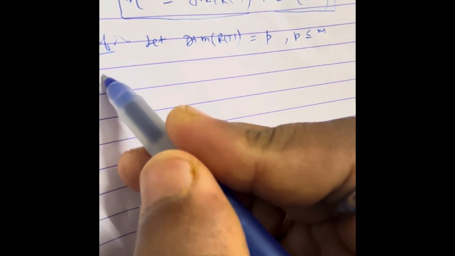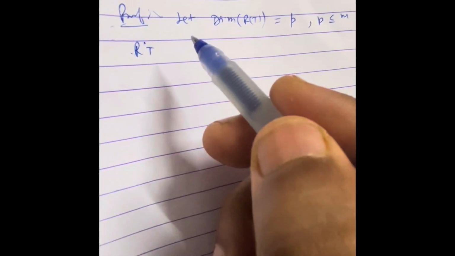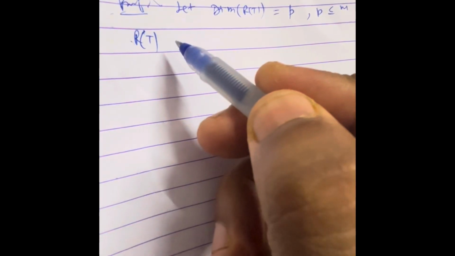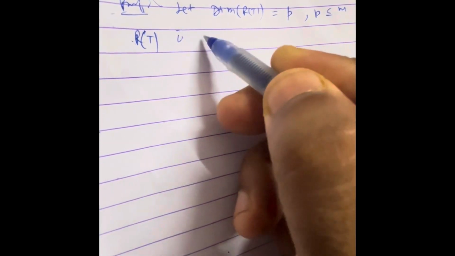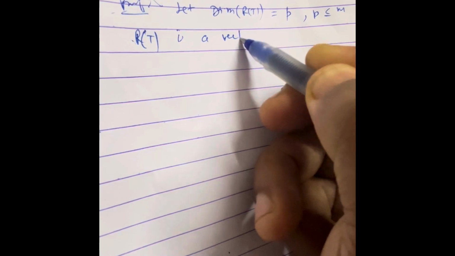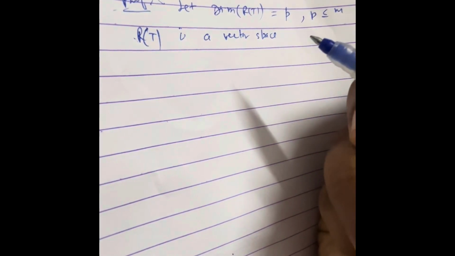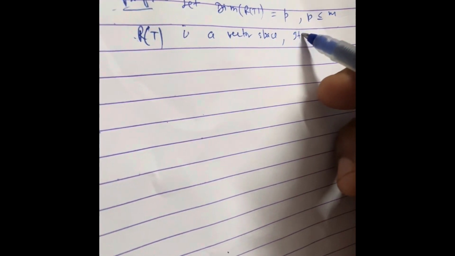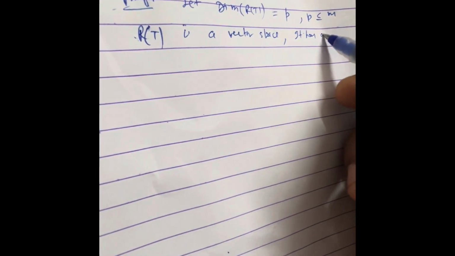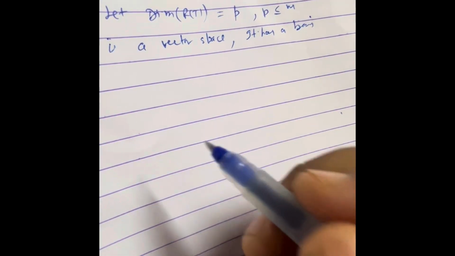And since R(T) is a vector space, therefore it has a basis. So what is the basis that it has?